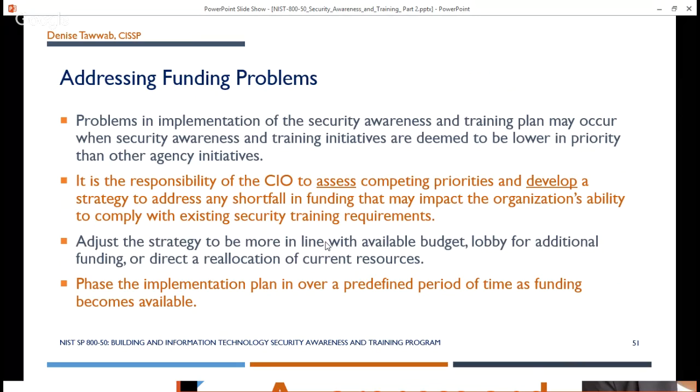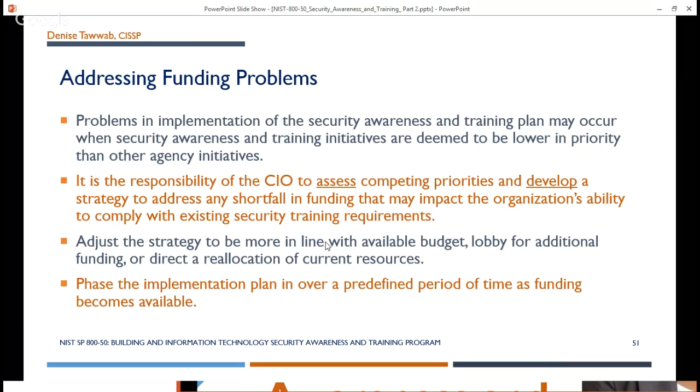How do you address funding problems? Problems in implementing security awareness and training plans occur when the training initiatives are deemed to be lower in priority than other agency initiatives. And I will go ahead and tell you that that will happen a lot. It's the responsibility of the CIO to assess competing priorities and to develop a strategy that addresses any shortfalls in funding that are going to impact the agency's ability to comply with security training requirements.